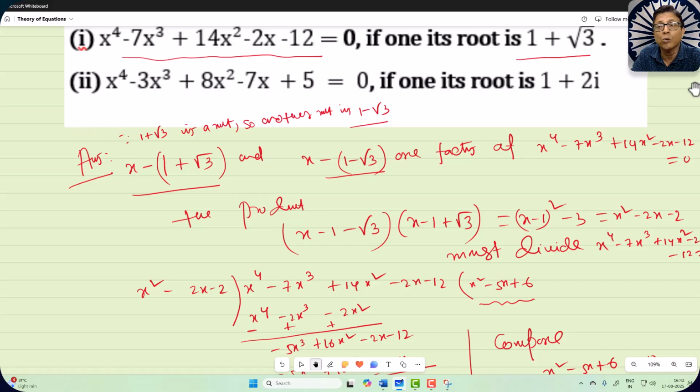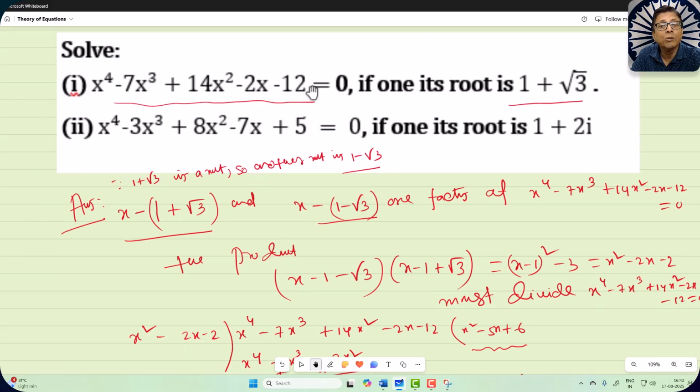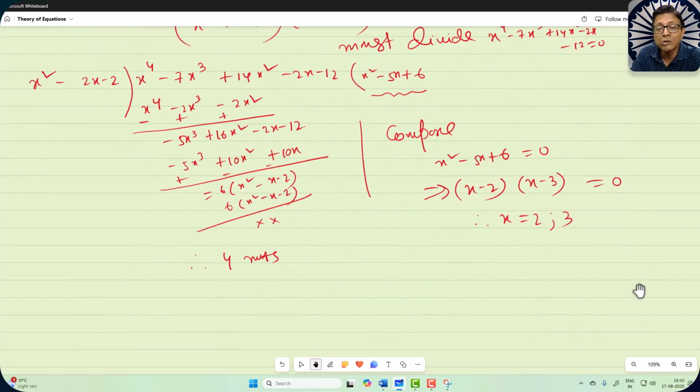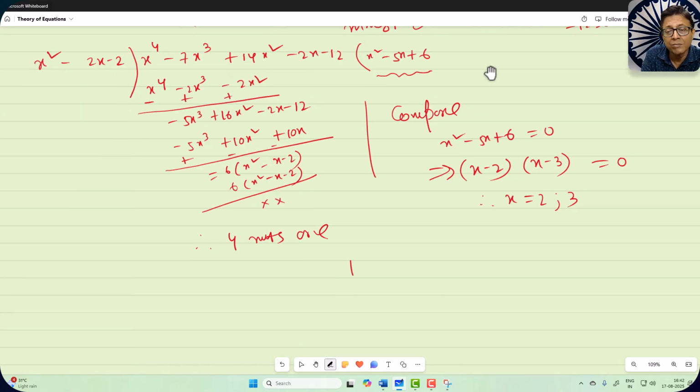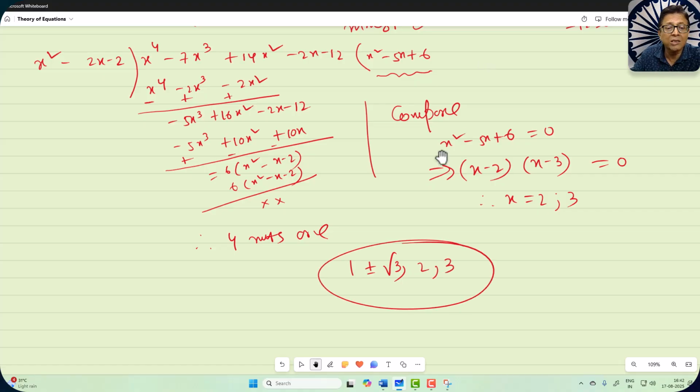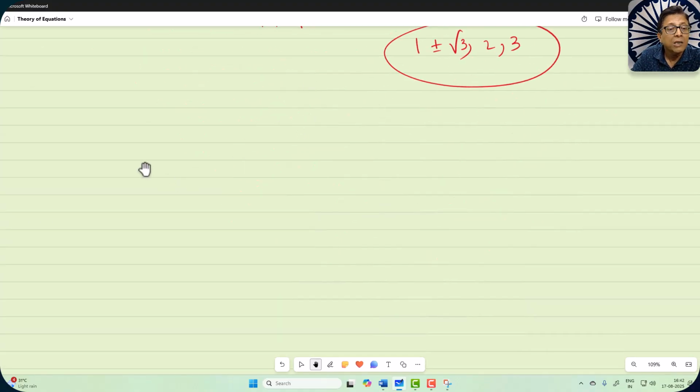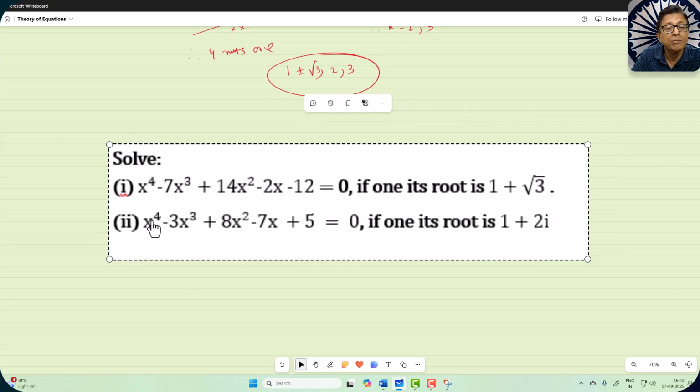Because by theorem 1, it is a 4th degree polynomial, it will have 4 roots. What are those roots? The 4 roots are 1 plus root 3, or 1 plus minus root 3, 2 and 3. 4 roots are there. Now look at the second problem.